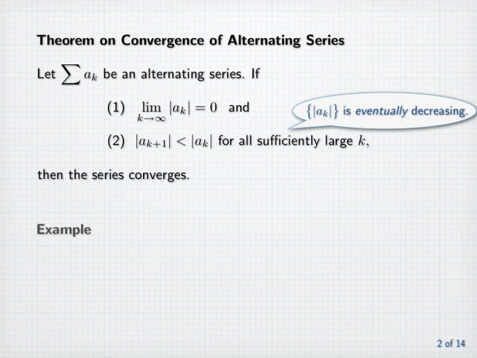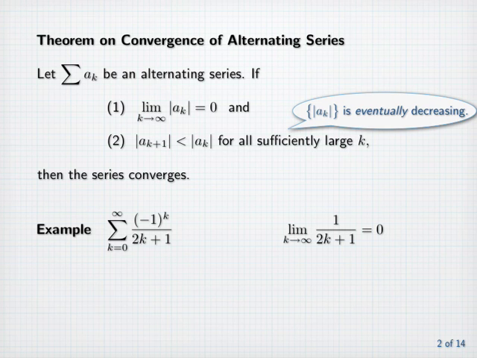For example, let's consider the series, the sum from k equals 0 to infinity of (-1)^k divided by 2k+1. Let's first notice that the limit as k goes to infinity of the absolute values of the terms, the limit as k goes to infinity of 1 over 2k+1, is clearly equal to 0. Now let's look at the absolute value of the k+1st term.